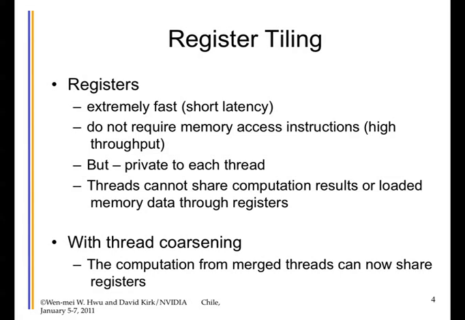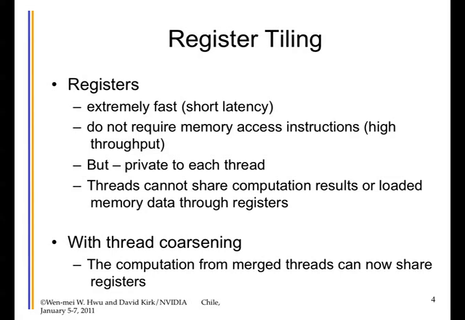In fact, if you use ATI hardware, it's even more important that you use registers, because the raw bandwidth out of the registers on ATI GPUs is even higher than their shared memory in that hardware. So those are the good things. The bad thing about registers is that the registers are private to each thread.